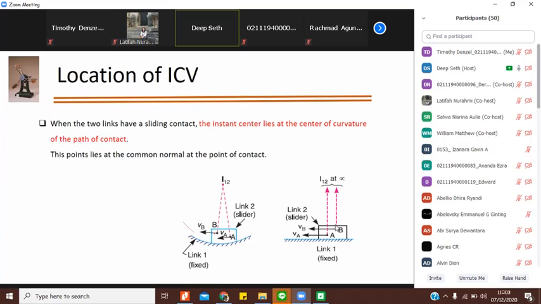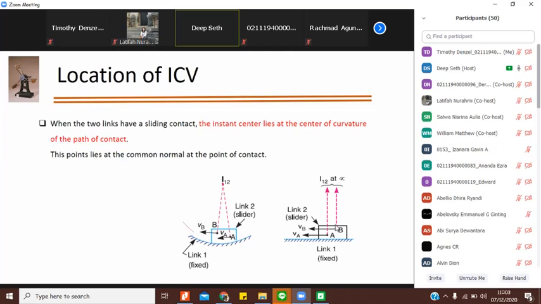You just have to consider 2 points over there, draw the velocity, make perpendicular to it, and wherever your instantaneous center is meeting, that's actually the center of curvature also, along which it is moving. So the instantaneous center lies at the center of curvature of the path of contact. Okay, so this point lies on the common normal at the point of contact actually.